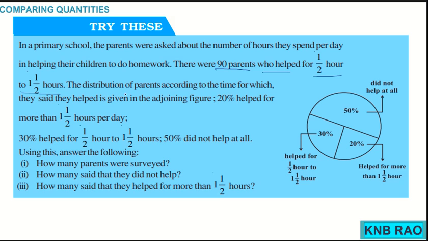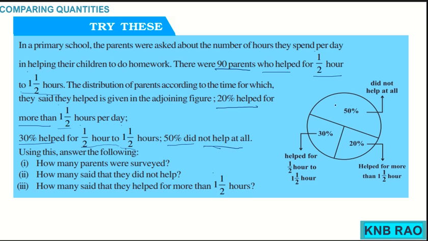The distribution of parents according to the time for which they said they helped is given in the adjoining figure. 20% helped for more than 1.5 hours, 30% helped for half hour to 1.5 hour, 50% did not help at all.